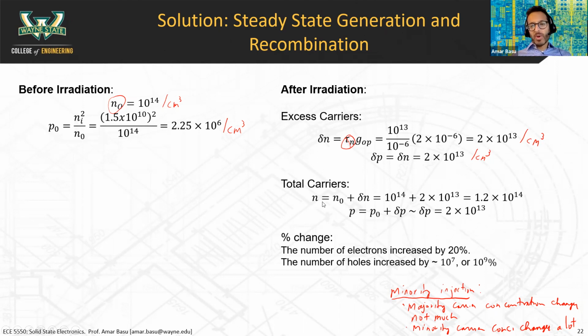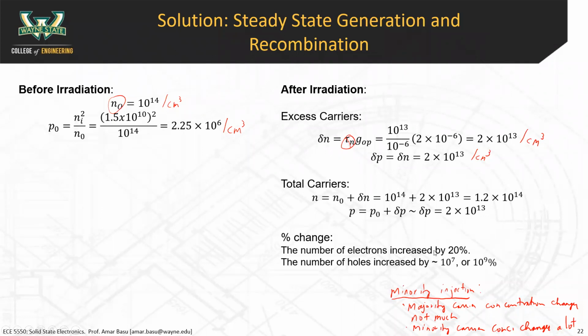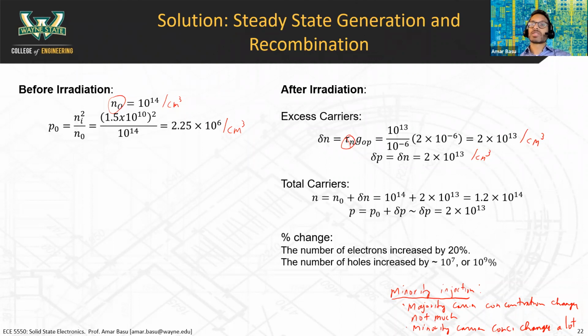Then the electron concentration would go up by a factor of 100 instead of just 20%. So in this case, both the electron and hole concentrations change significantly.